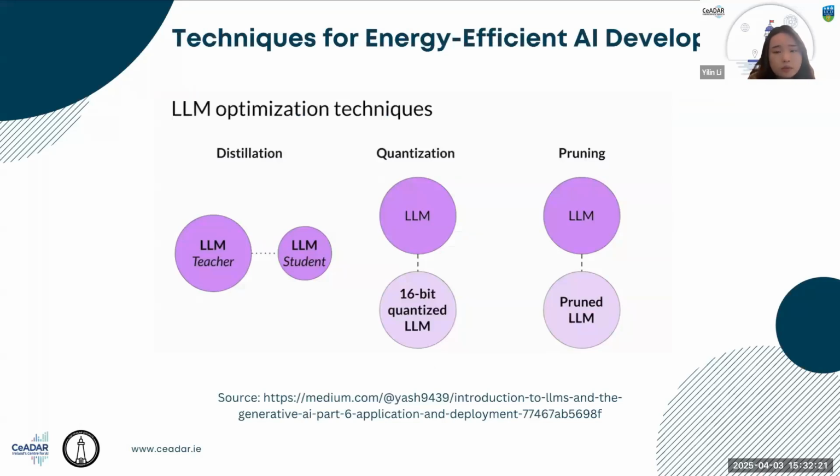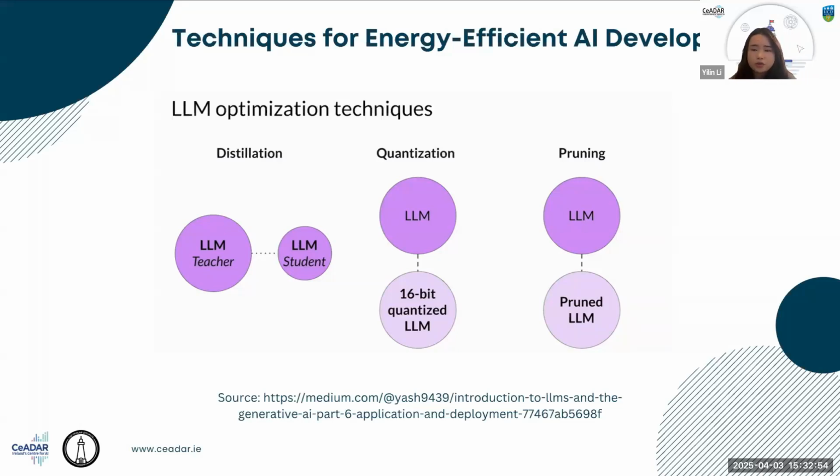So now we have looked at the problem and how to measure it. Let's talk about how we can actually make models more efficient. Here are three key technologies for optimizing large language models. One is distillation, like training a smaller model to learn from a larger one.